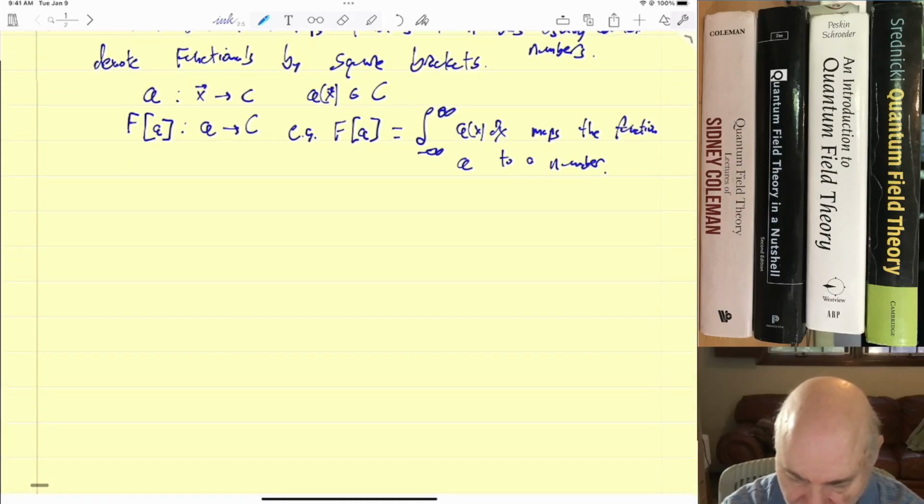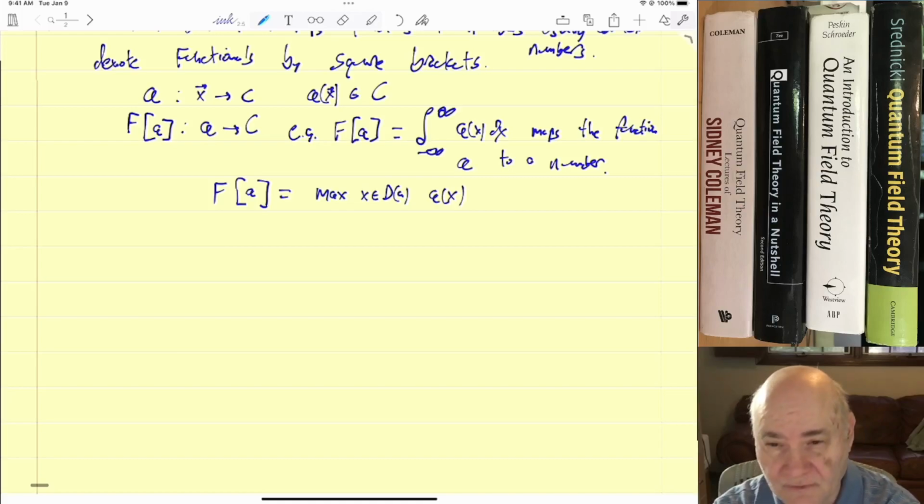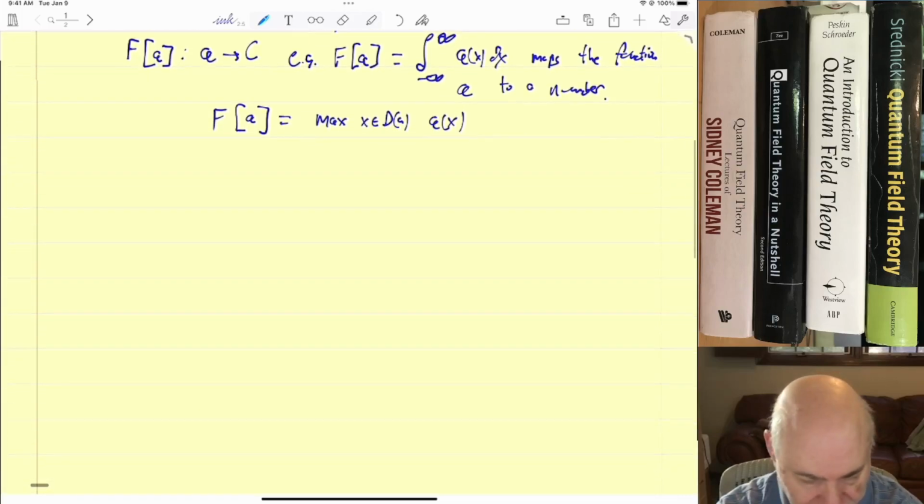And you can have all kinds of examples. You could have f of a equal to the max over x, an element of the domain, of a of x. So this would just take any function and map it to its largest point or its minimum point, and so on. This is a functional. We take the whole function and we get a single number out of it.